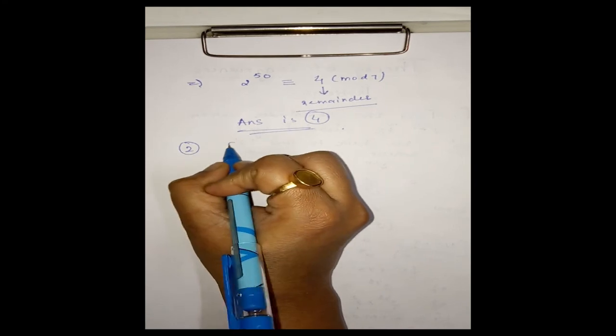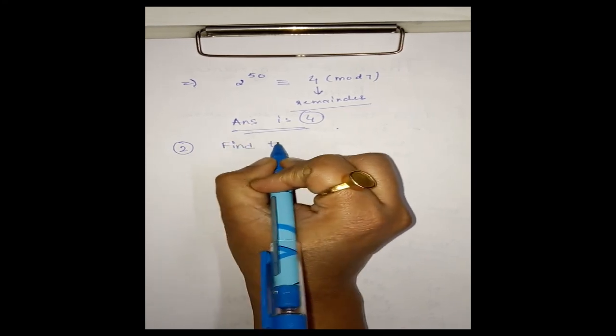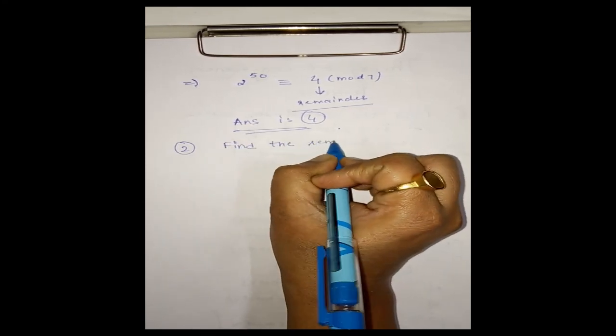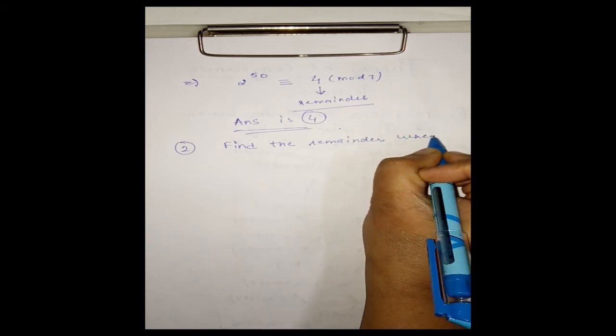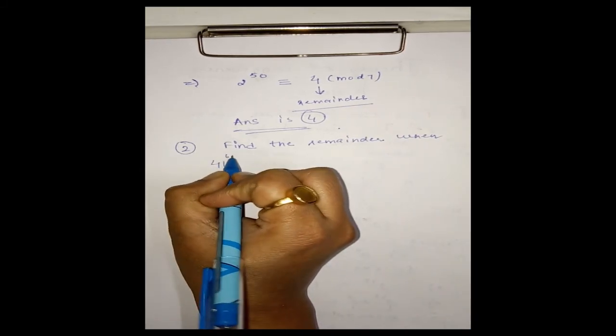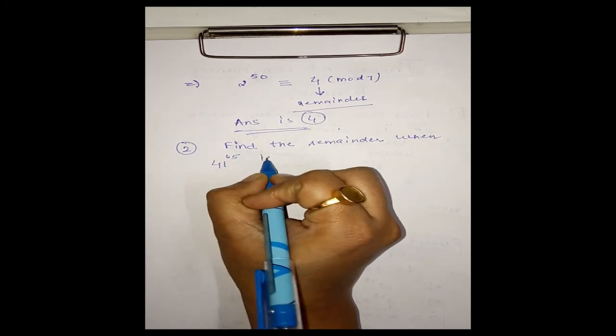Find the remainder when 41 power 65 is divided by 7.